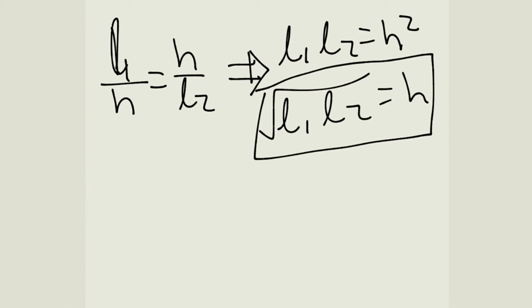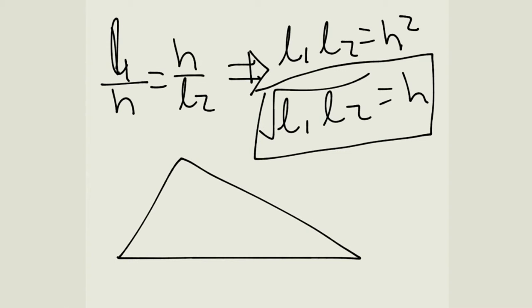So what it's saying is that given that this is 90 degrees and this line is the altitude, the length 1 and length 2, their geometric mean is the height.